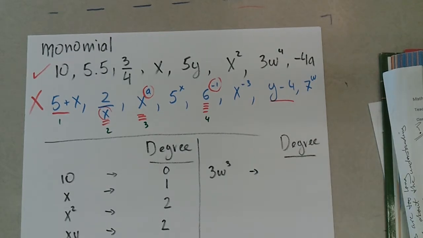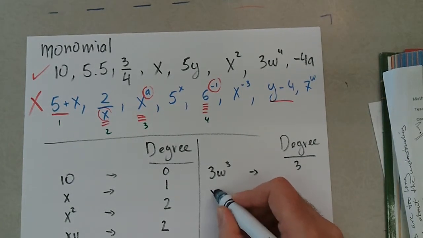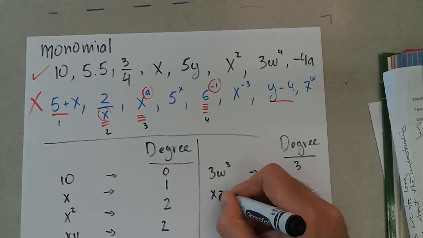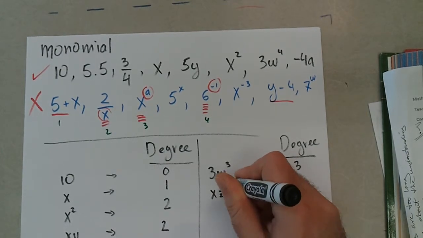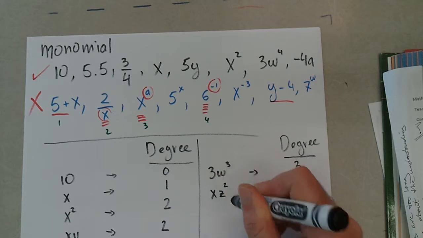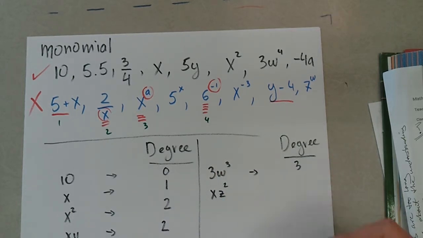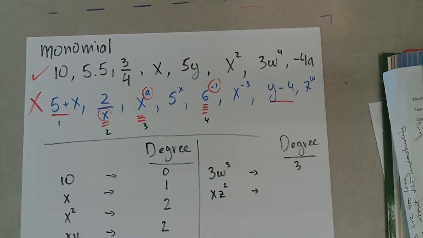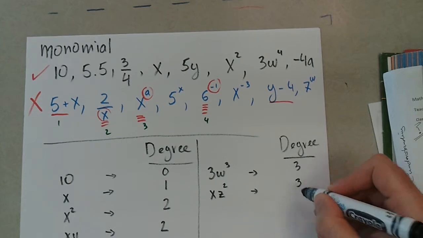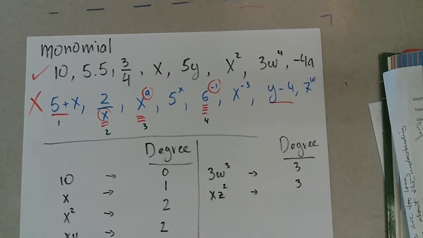Again, the 3 doesn't contribute anything, but the w to the 3rd power does, so this is a 3rd degree monomial. We can take something like x z squared. The x contributes a degree of 1, the z contributes a degree of 2. In combination, you add the degrees, it's a 3. So it's a 3rd degree monomial.